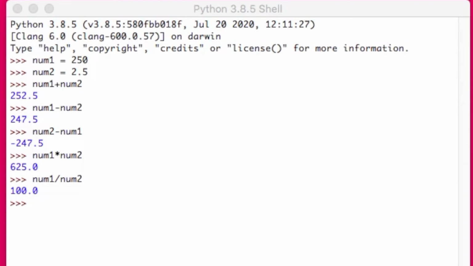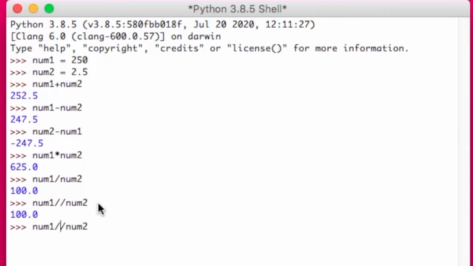Now what if you wanted to divide it but only find the integer part of the quotient? You can easily do this by putting another slash. Since either way there was no decimal part, we got the exact same result.